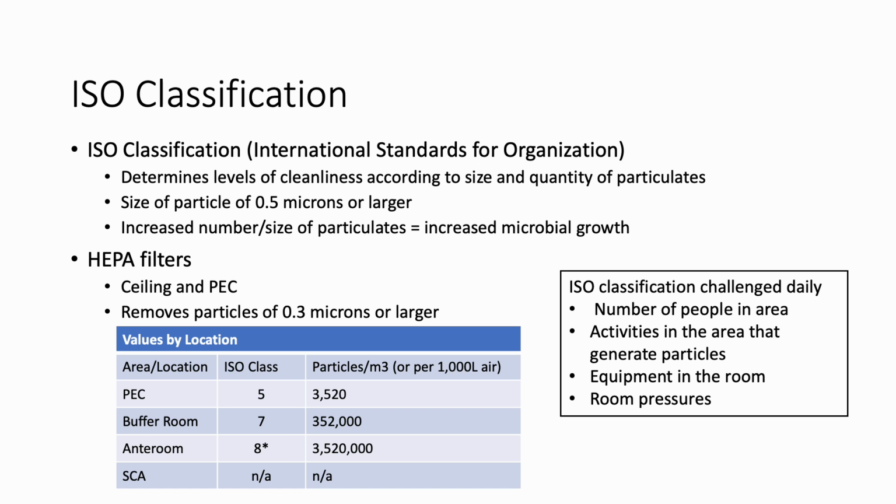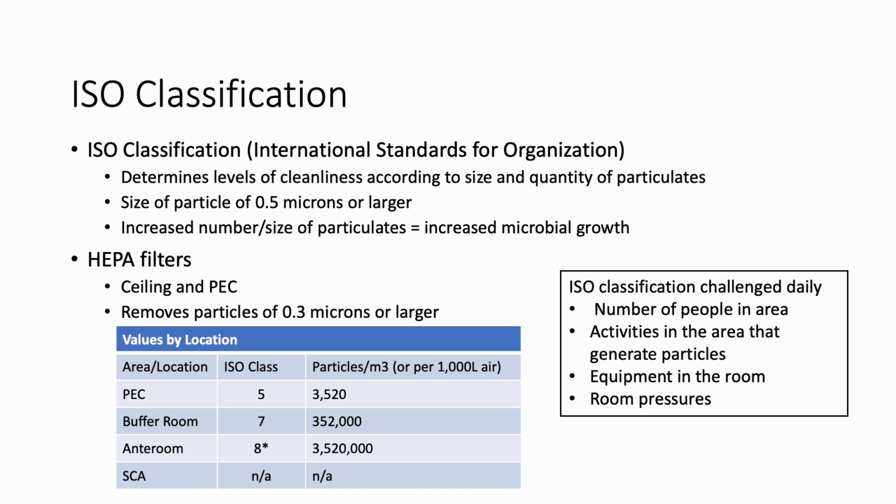Now, with saying that, it is true that with increased number of particles and increased size of particles, you do get more microbial growth in your air because microbes adhere to those particles and therefore increase in number. But really, again, ISO classification is only about the size and the number of particles suspended in the air.